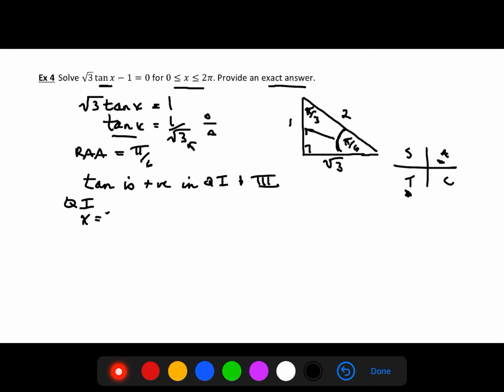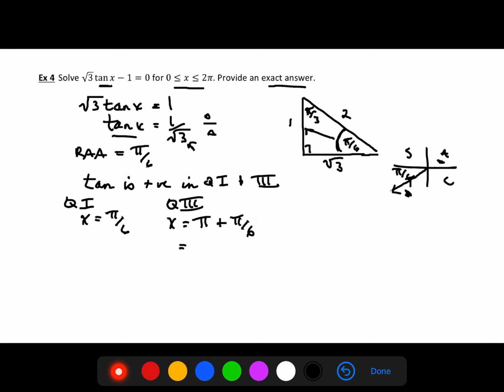So quadrant 1, x is our acute angle that we already figured out, pi over 6. In quadrant 3, it's going to be pi over 6 past the 180.